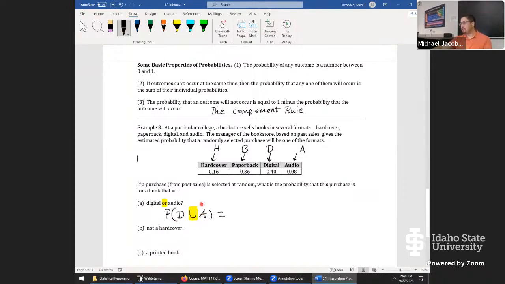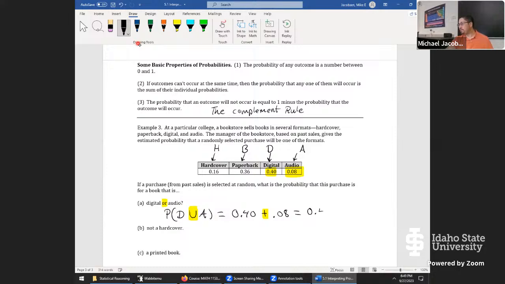All we now do is go to the probabilities. A digital book had a 40% chance, 0.40. We'll go plus next. The further hint is, if there's an "or" in your probability question, we'll use a union symbol in the probability statement, and it will convert to a plus once we grab the probabilities we need. So I grabbed that one, and we're going to add to it A for audio, 0.08.